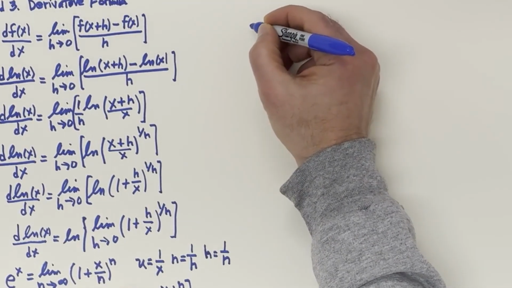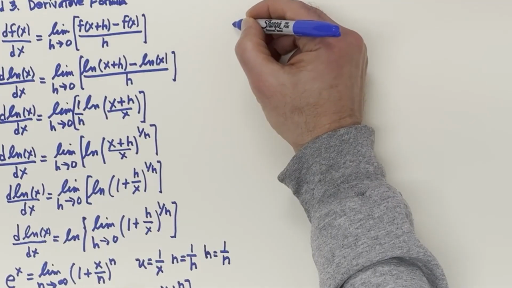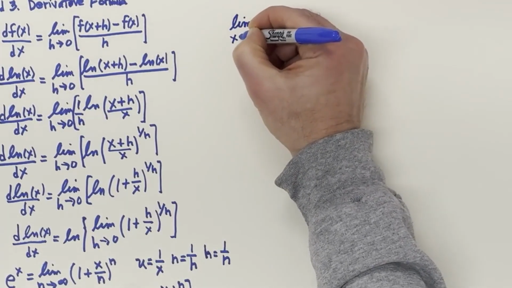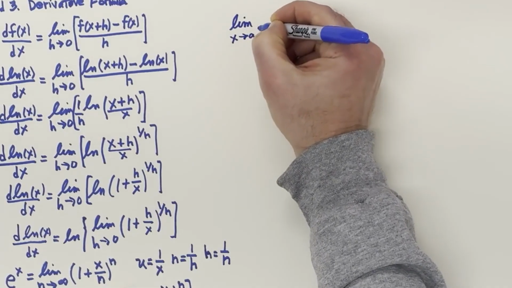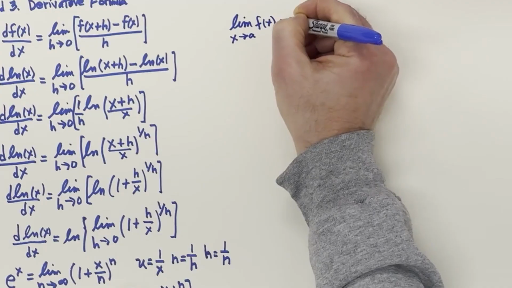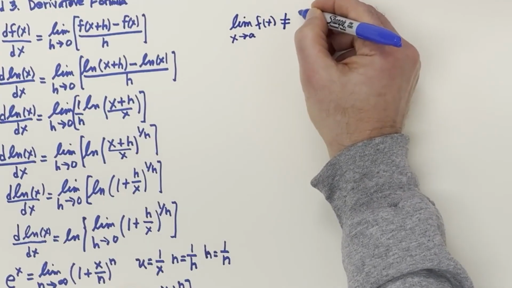So we're going to check out here the limit as x goes to a of f of x, and I'm going to show you a case where these are not going to be equal.